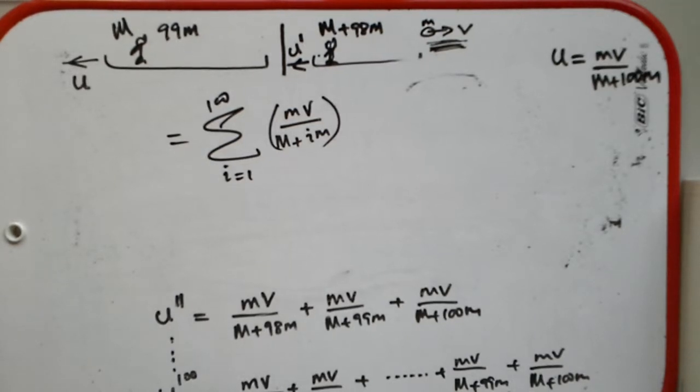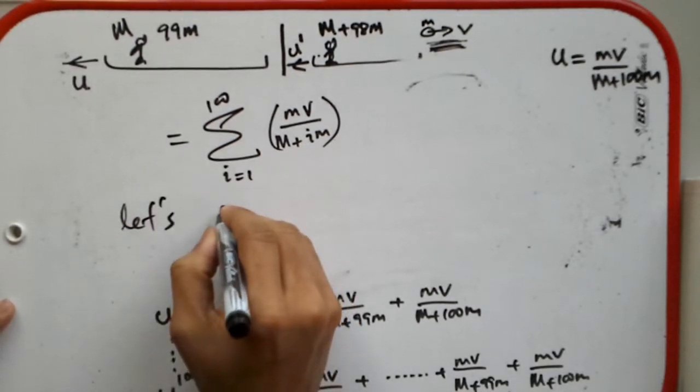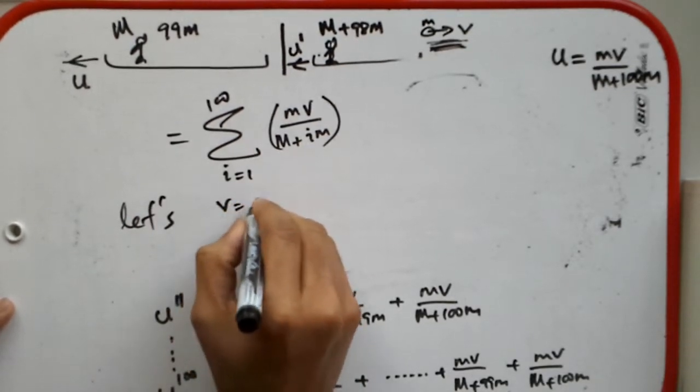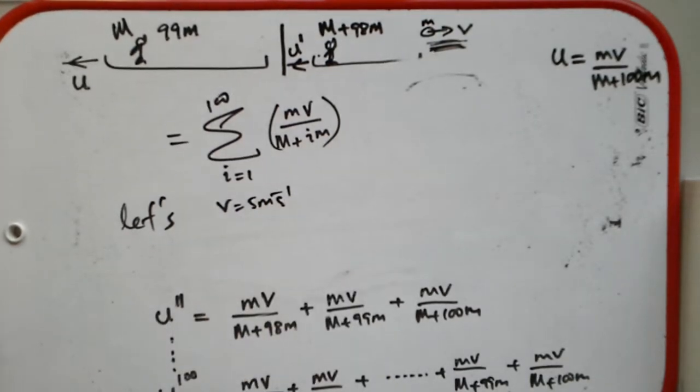Now let's say small v is 5 meter per second. So he's throwing the marbles at 5 meter per second, one at a time.